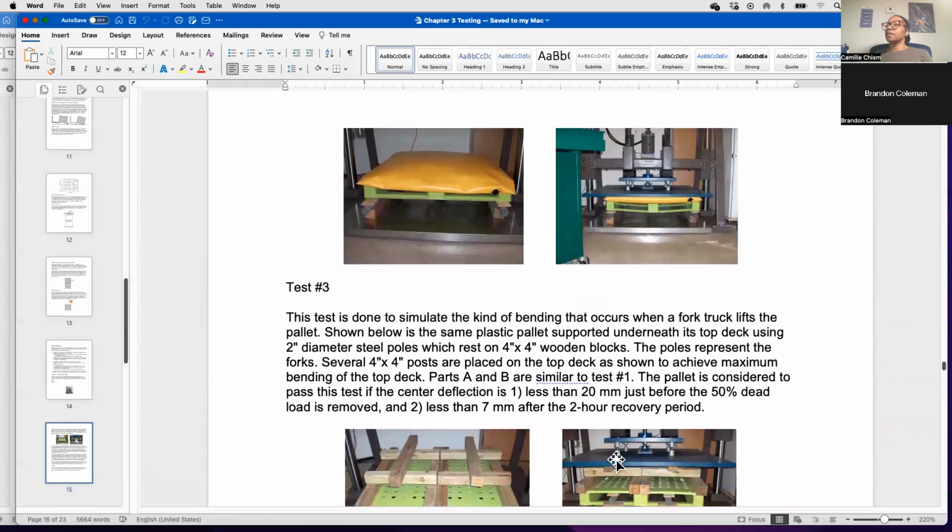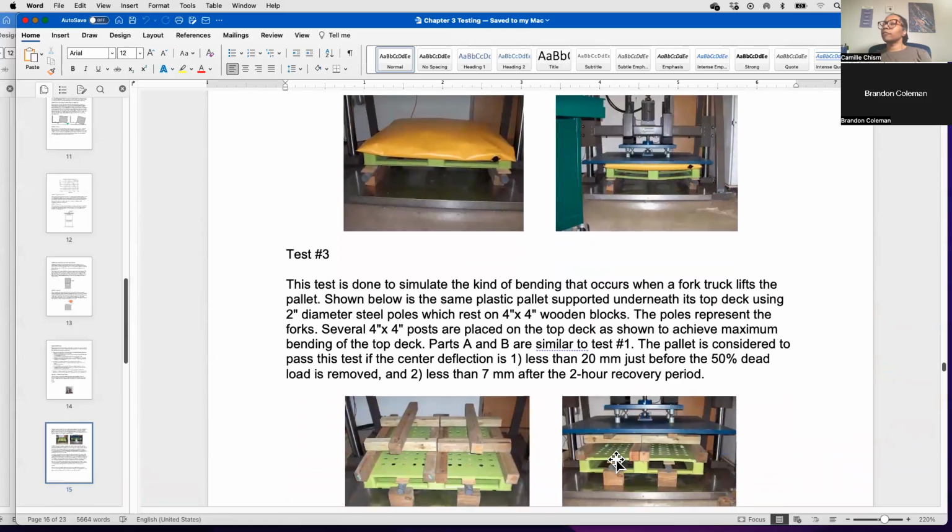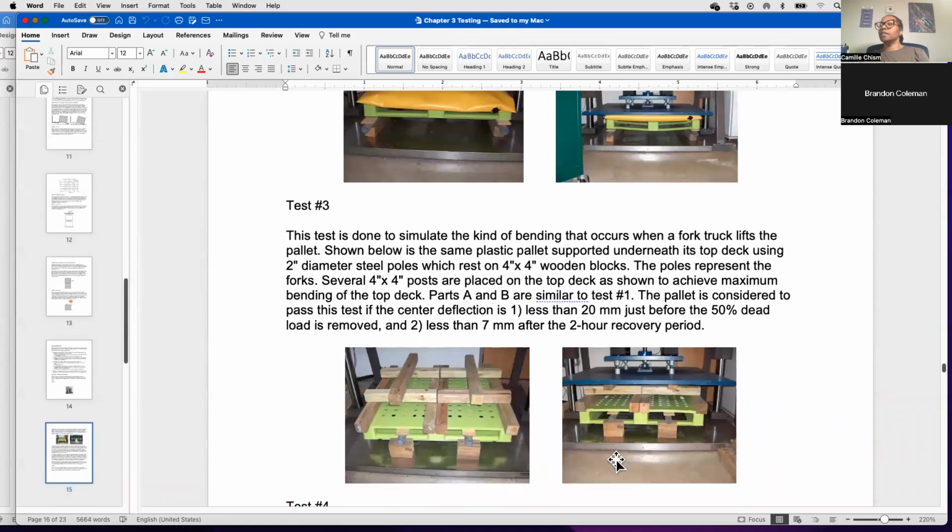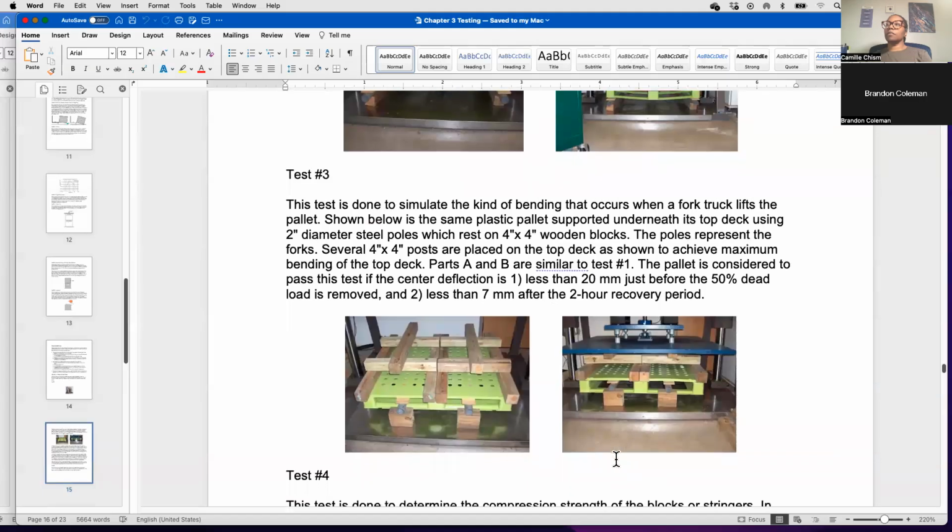This one went over a little bit yesterday. Again, you'll see there are a lot of tests that are simulating the performance of the pallet with the fork truck. So this is simulating, once it's picked up by a fork truck, how much weight can it withstand? And is it going to fail?